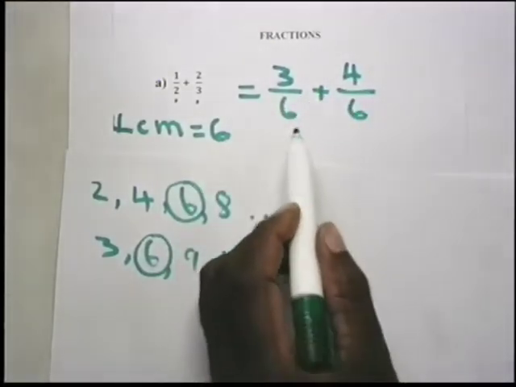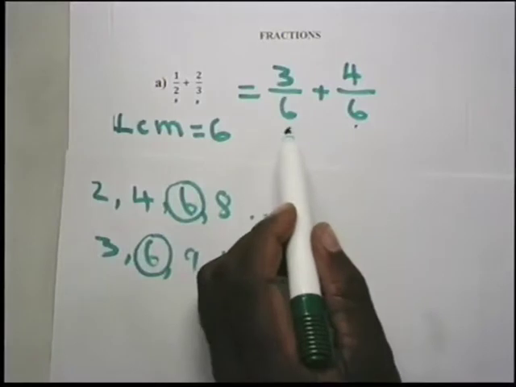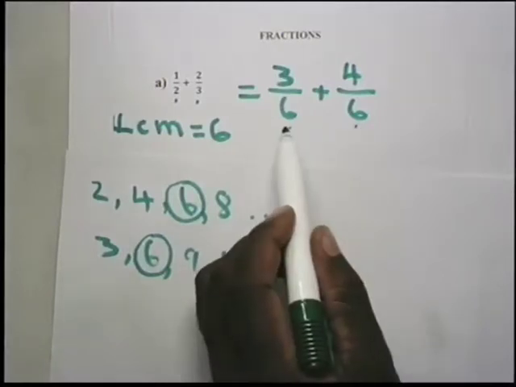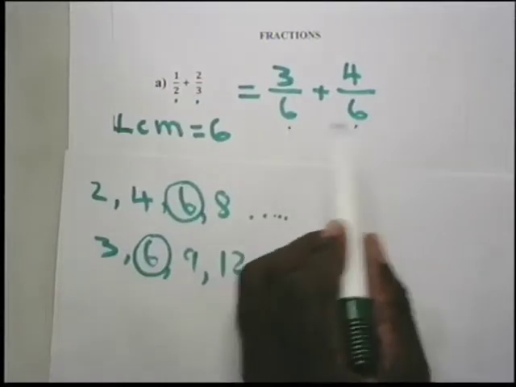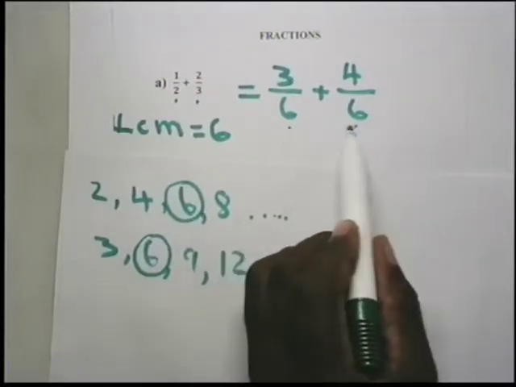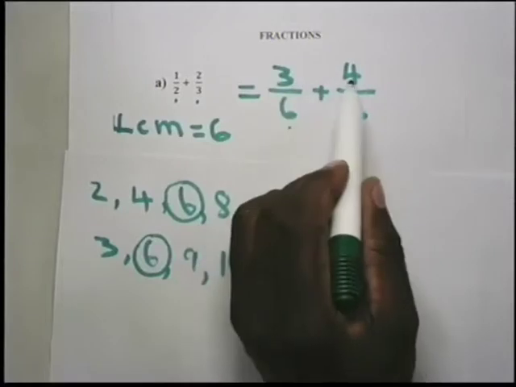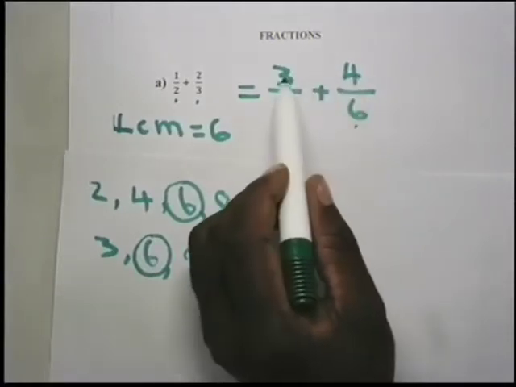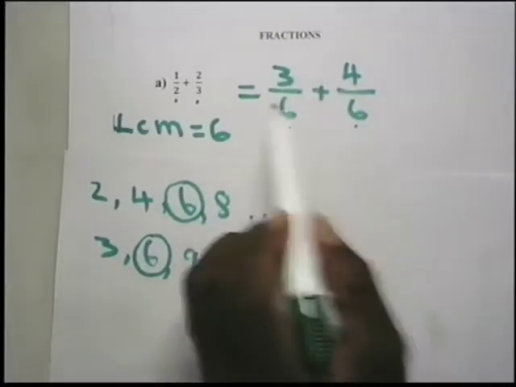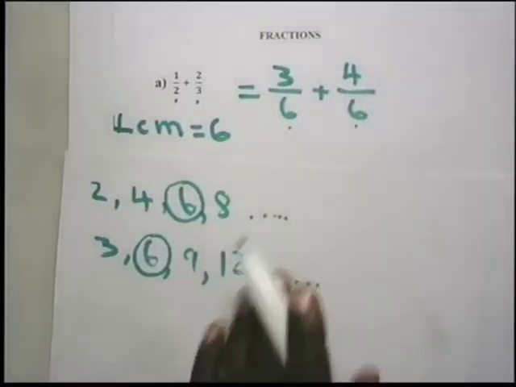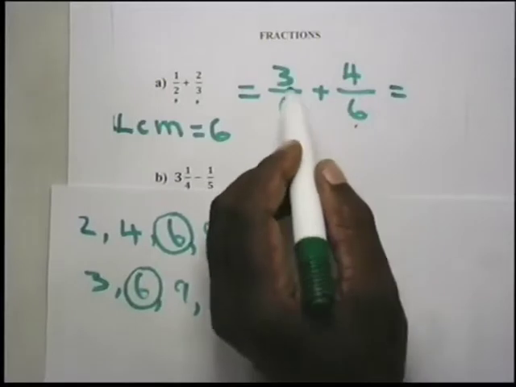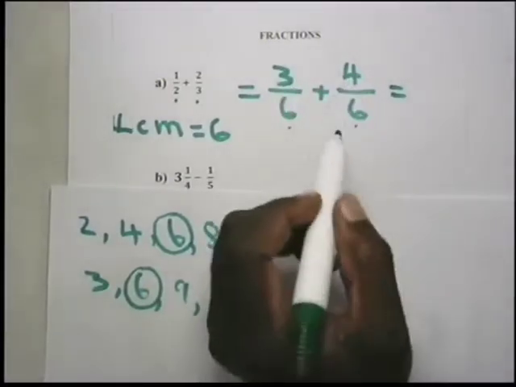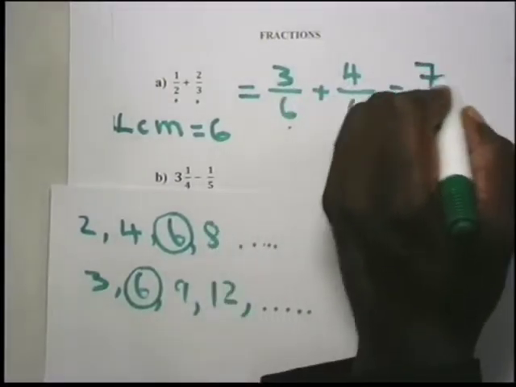Now, seeing that both our denominators are the same, whenever we add fractions, the denominators should first be made the same. Now that they are the same, we only add the numerators. That will give us an answer of 3 plus 4 is equals to 7 over 6.